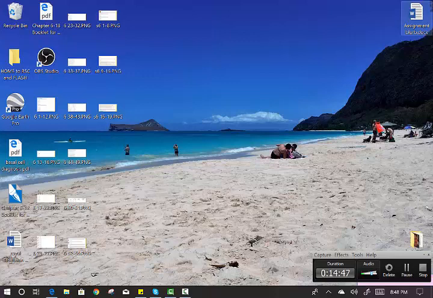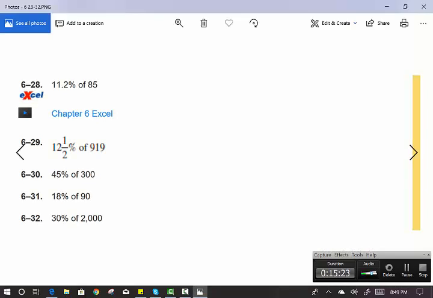Okay, 23 through 27, down to number 28. Looks like I may have skipped number 28. I don't have that particular copy with me. Let's just see if I mislabeled them. 23 through 32. Oh, there's 28 right there.